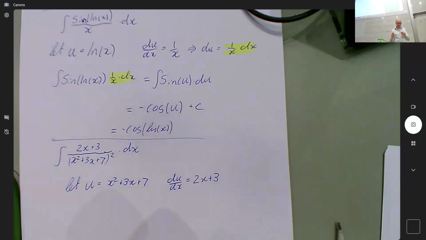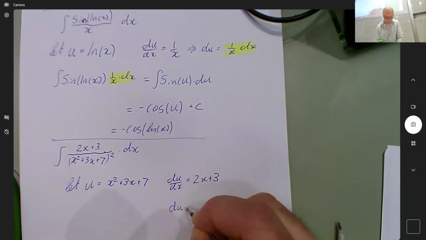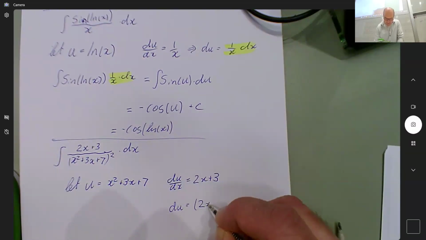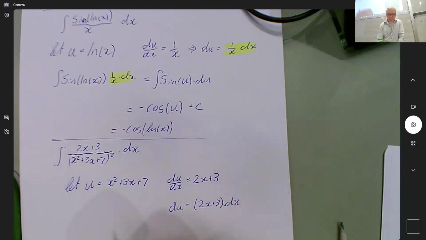So all of a sudden you're saying, oh, okay, I can do my du is equal to, technically I should put brackets around this. The line, I think they call it a vinculum, the thing that separates the numerator from the denominator, is implicitly brackets around the numerator and the denominator.